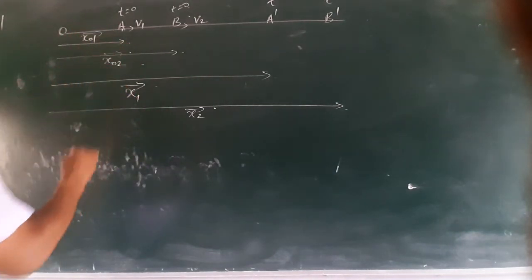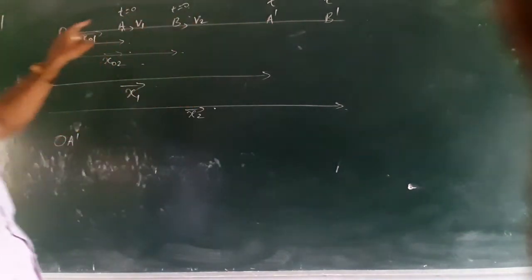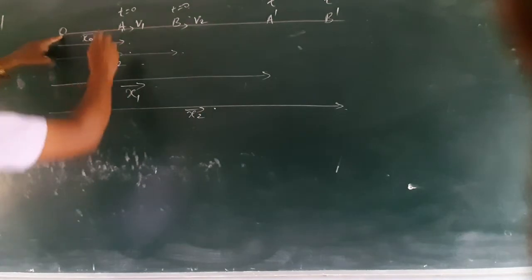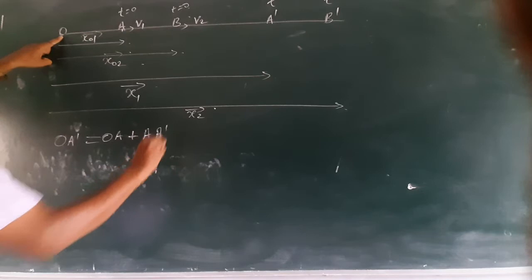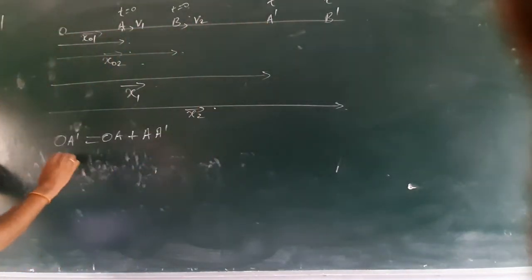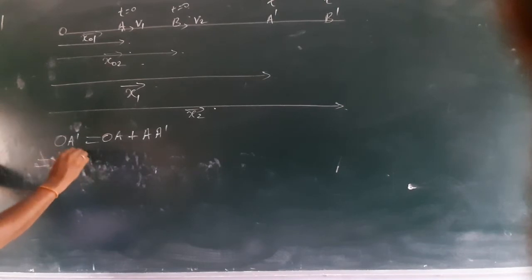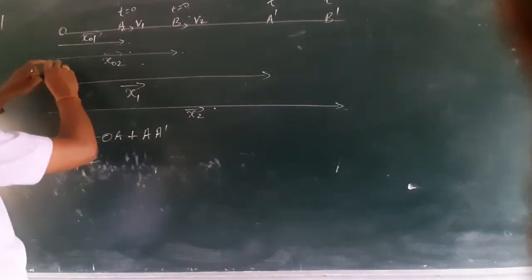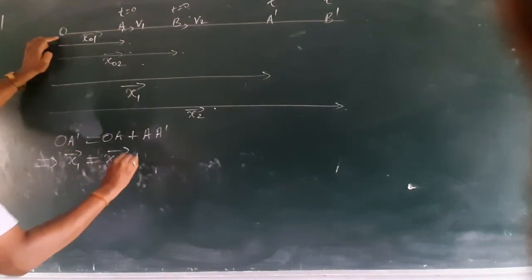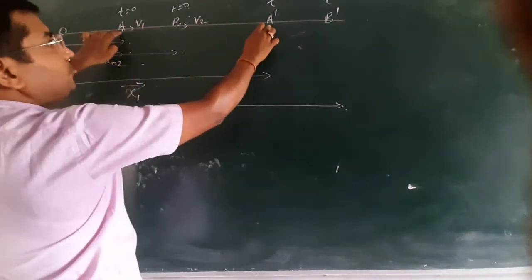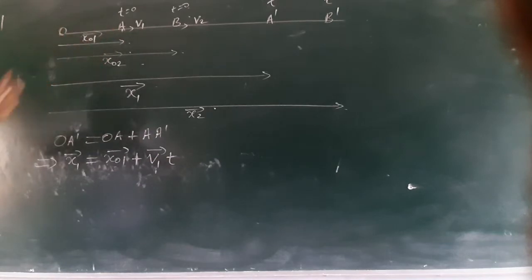Now if I ask you what is the value of OA dash, it can be written as OA plus AA dash, and OA dash is x1, which is equal to x01 plus the displacement, which is velocity into time.